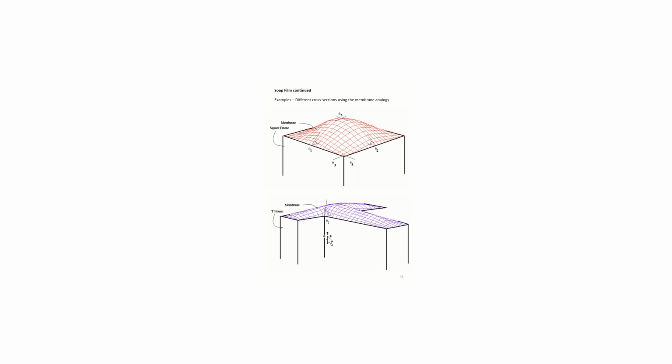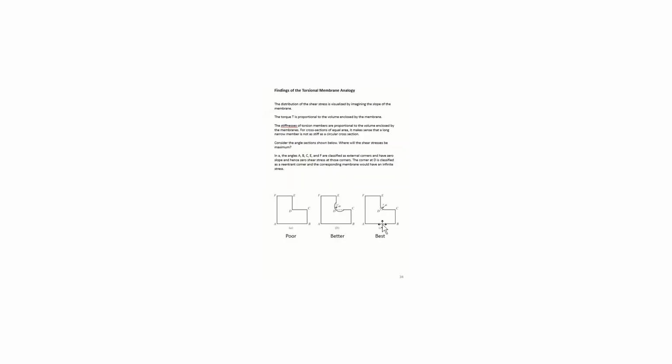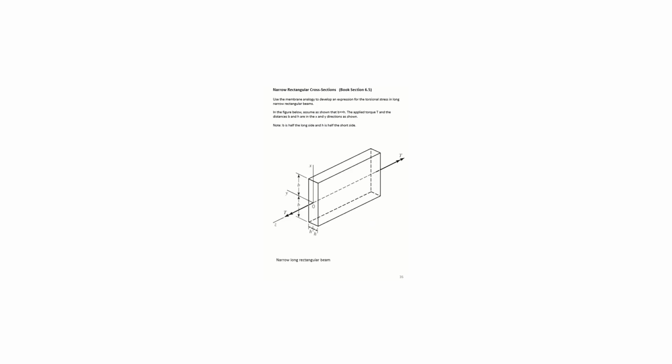In this T-beam, we see by far the worst stresses are at these inside, or what we call re-entrant, corners. So then we talked about the best types of design and the importance of putting a fillet or a round in your cross section. After that, we started to look at what we call long, narrow cross sections.